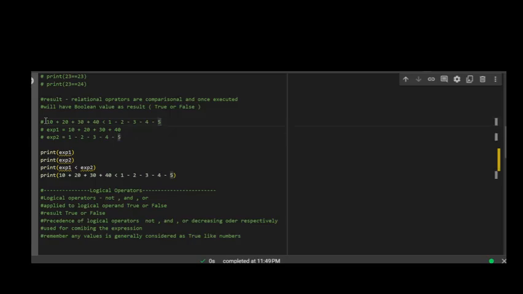Now what will happen is that this arithmetic operation has to be performed first to evaluate the whole result of the expression, and the whole result, when there is a relational operator, should be a boolean value, true or false.